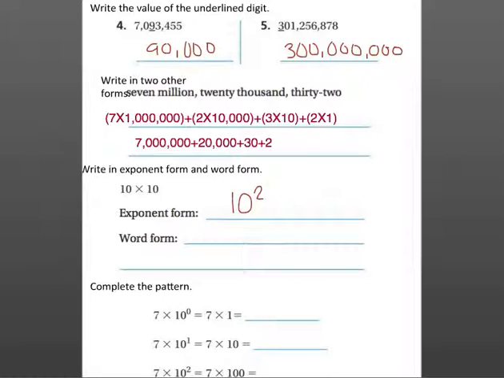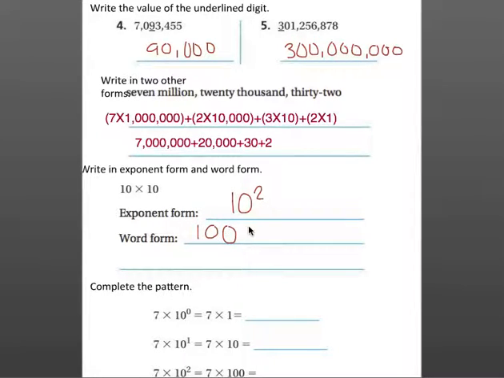So 10 times 10 is 100. Well, this would be 10 to the second, or the second power of 10. And so this really would just equal 100.